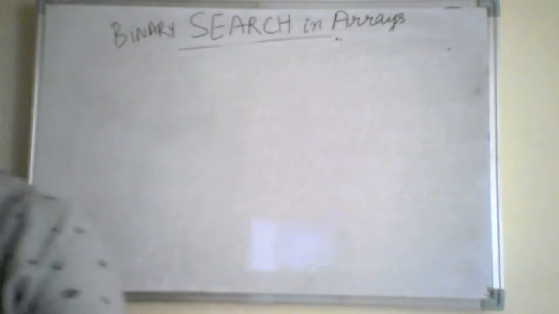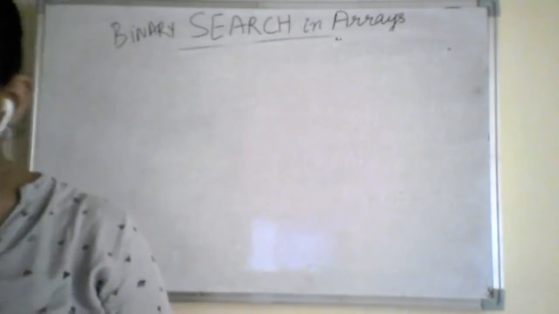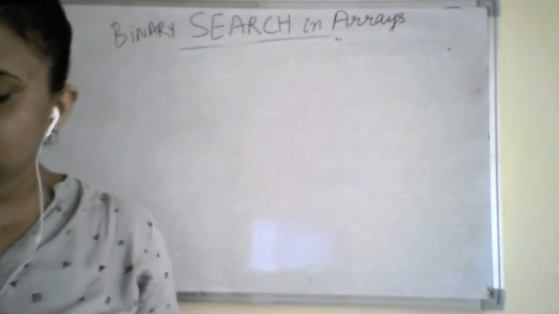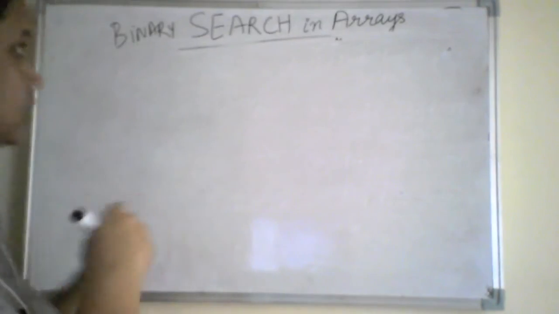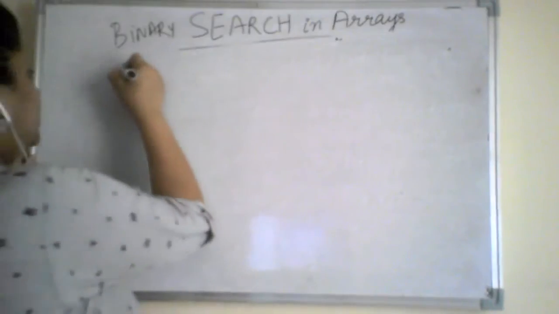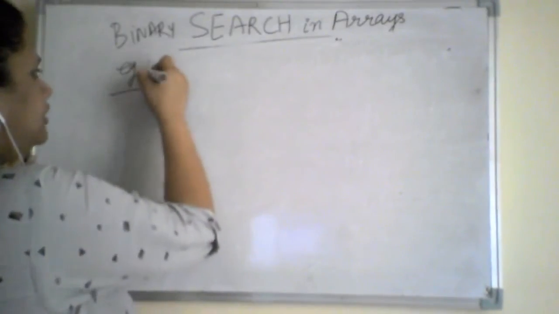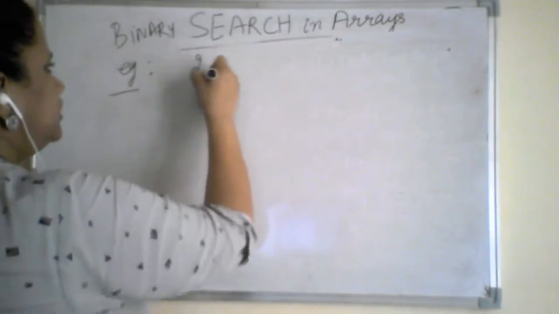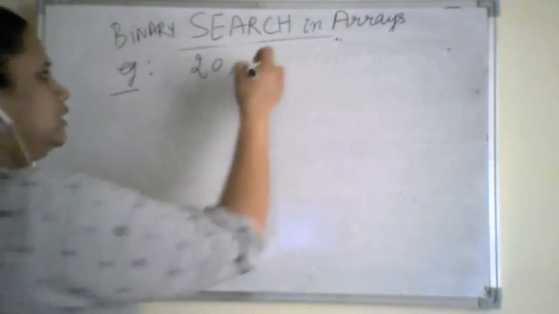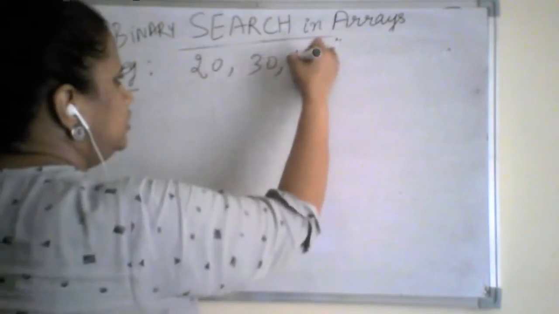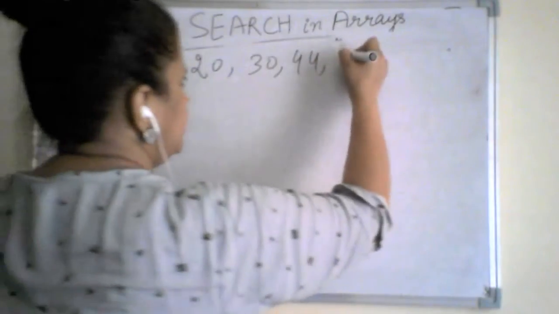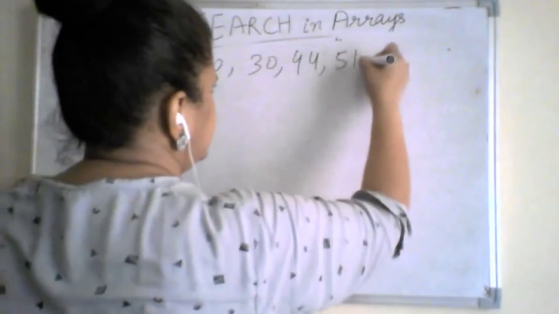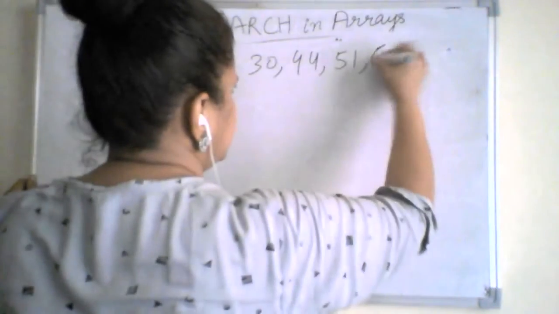I'll take a data set and try to explain that to you. Let's assume we have an array of 20, 30, 44, 51, 61.